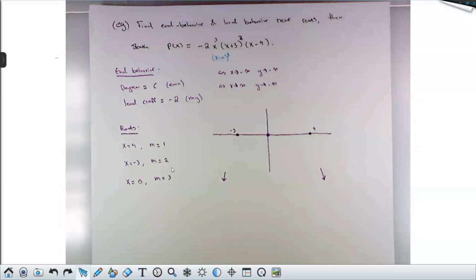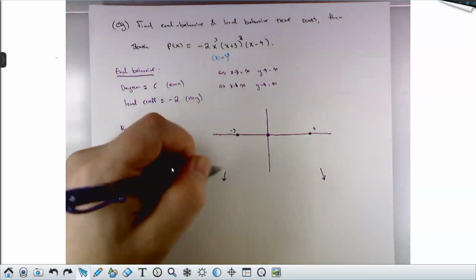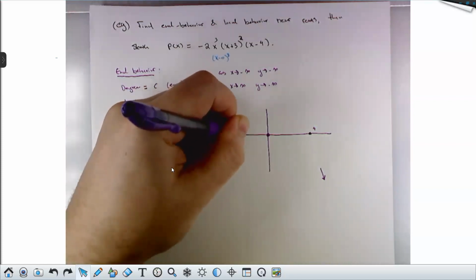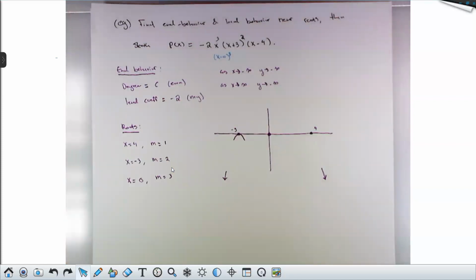Bottom to bottom. Good, because it has to connect to this arrow, which is down here. So I know that the local behavior here is like this. I don't know much else, but I know that near that x-intercept, this looks a lot like x squared because it's multiplicity 2. And it's going from down to down because it has to connect to this arrow.